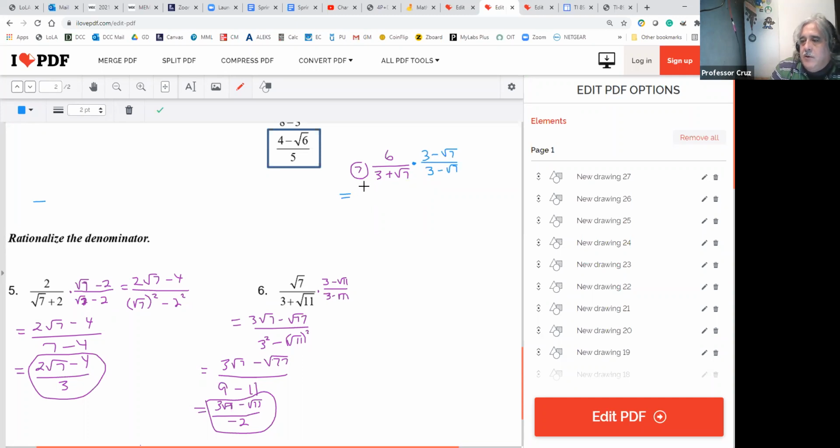So 6 times 3 is 18. And this is 3 squared minus 7.